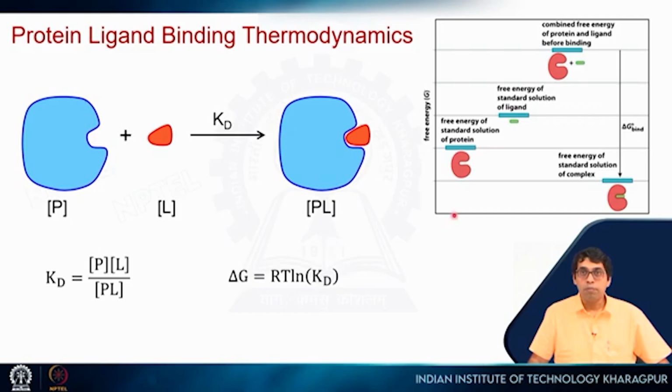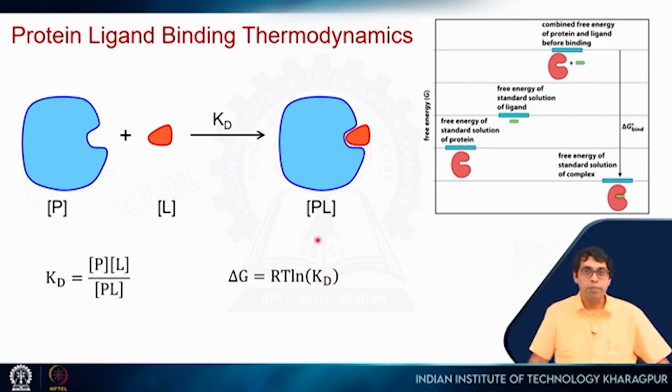If I bring up this diagram again, it means that this delta G binding will be 0. So, the energy of the combined protein and ligand in the free state versus the complex will be equal. So, this is not favorable, but for this to be favorable, delta G has to be negative. If delta G is negative, then ln Kd is negative, which means that Kd should be less than 1, and I will show you typical values of Kd that are found in nature for different types of interactions.